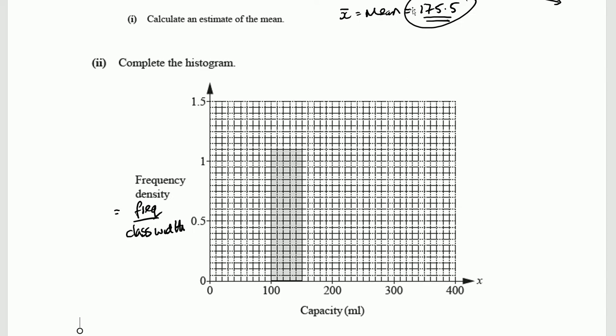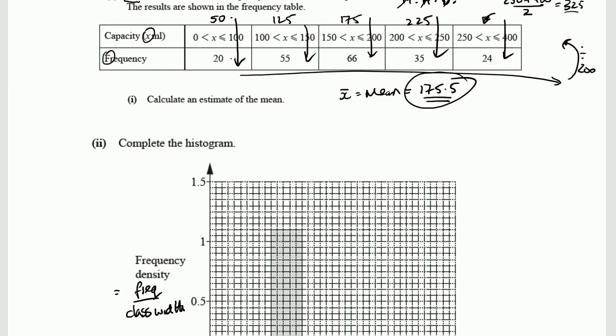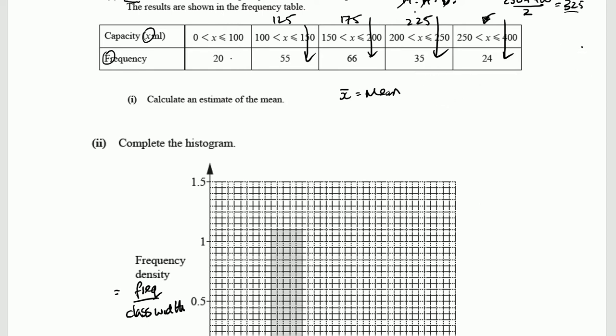Okay, so going back up to my frequency table over here, I'm going to clear off some of these scribbles that I made before, because none of this is all that important at the moment. I'll just do my 175.5 over here, and of course it should have had units, so I'll say milliliters now. So this class width over here is 100, so my frequency density is 20 divided by 100, which is 0.2.